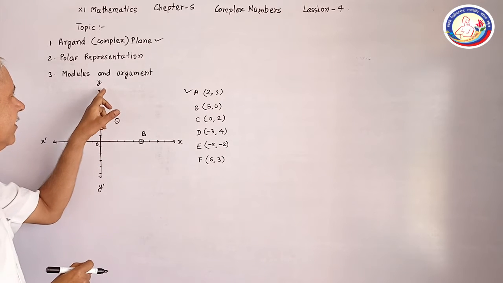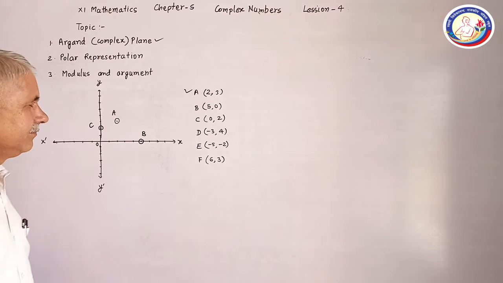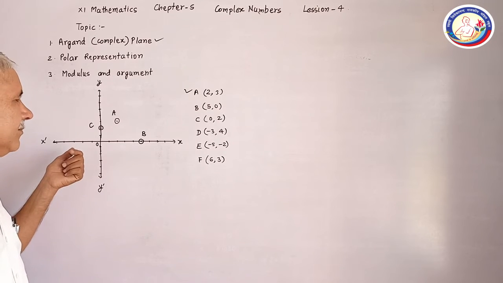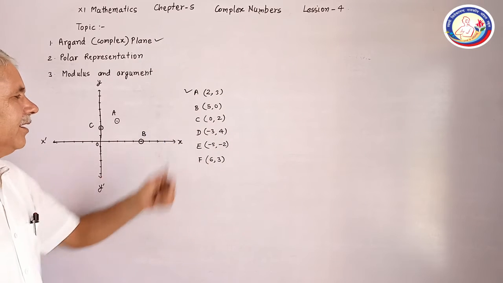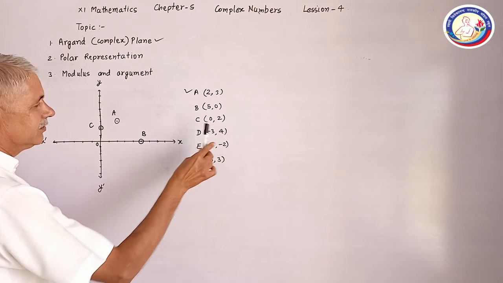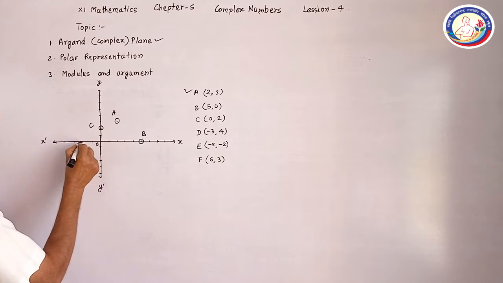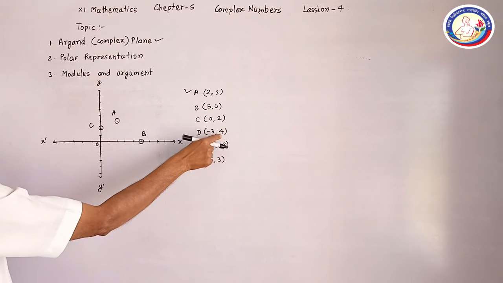It is on y-axis. Now minus 3, 4. How will we point out this ordered pair? X coordinate or value of x is minus 3. So -1, -2 and -3. This is -3 and y is 4.